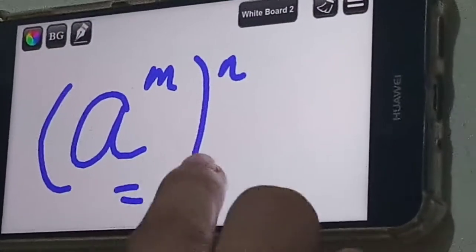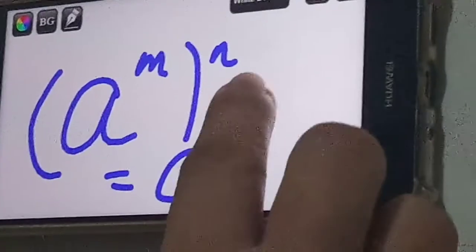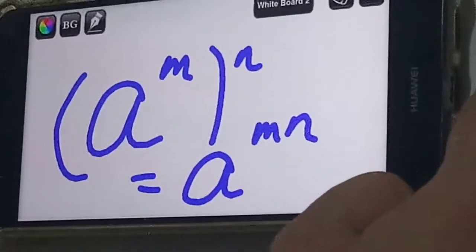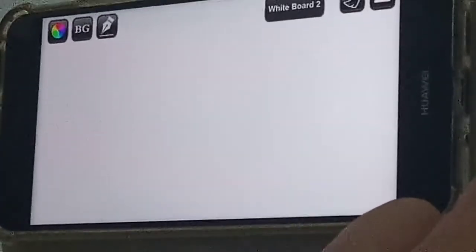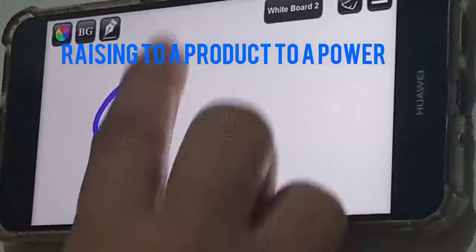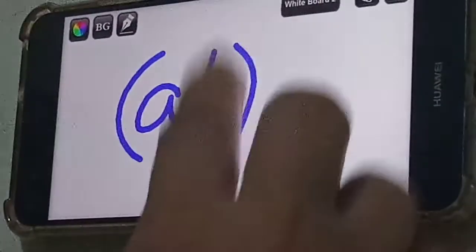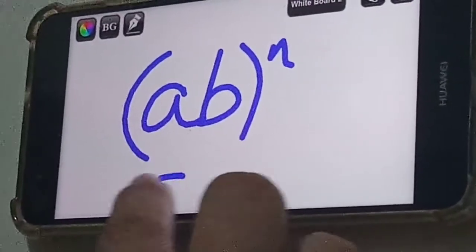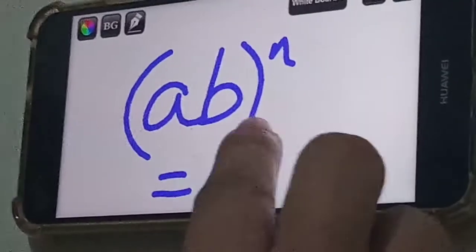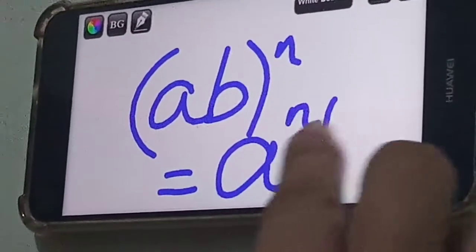All you need to do is to multiply the exponents. And the third one is raising a product to a power. Just simply a raised to n and b raised to n.